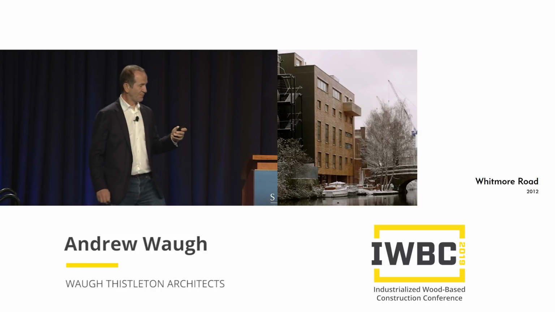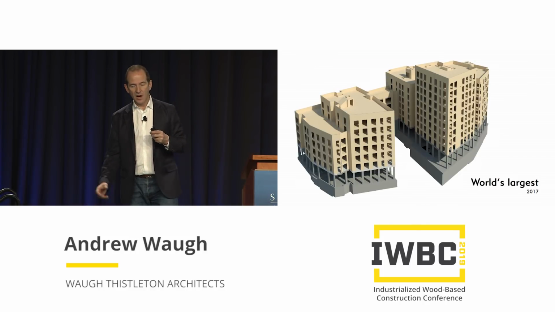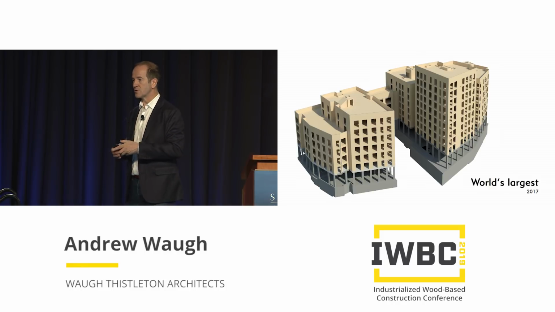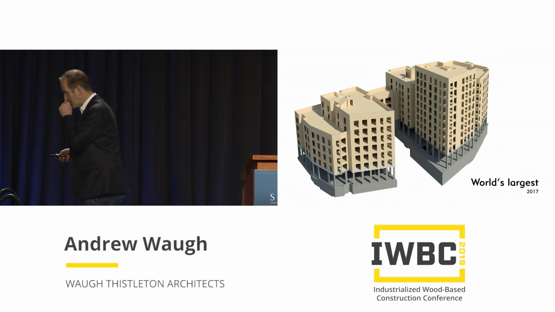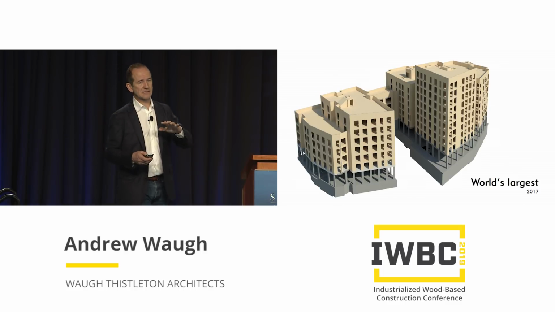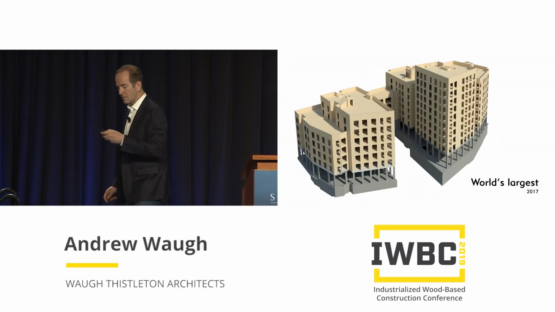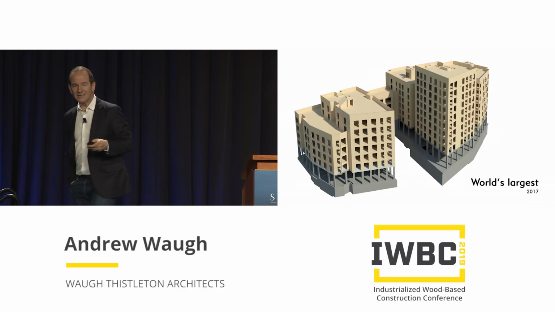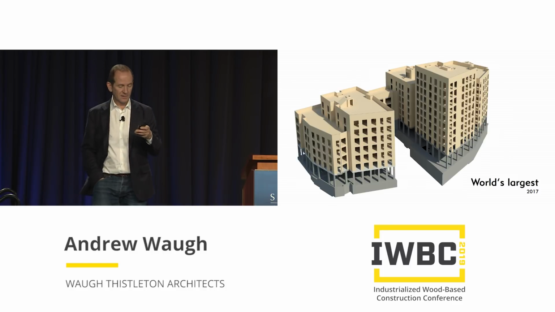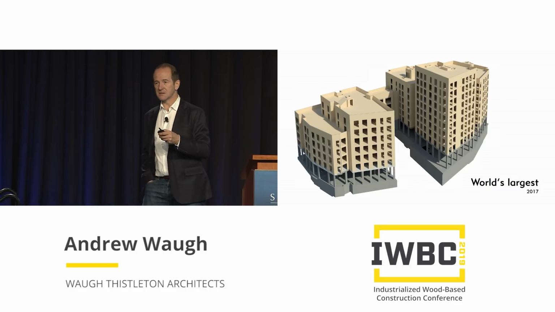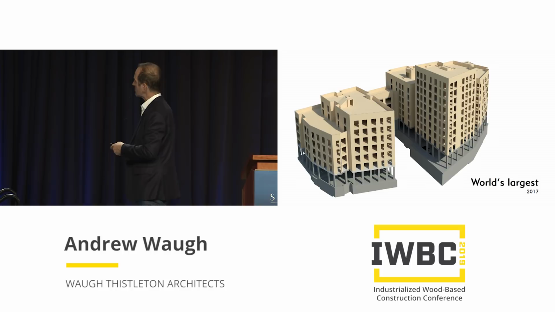Well, that went quick. And so last year, we finished another project, a big project. We've now built 19 CLT projects, and we have 6 on site currently. So this one we completed last year was Dalston Lane. This would have weighed 10,000 tons in concrete and weighs less than 2,000 tons in timber.